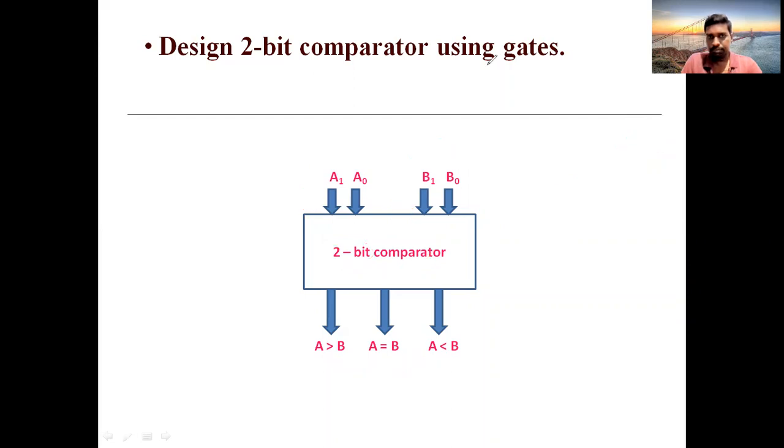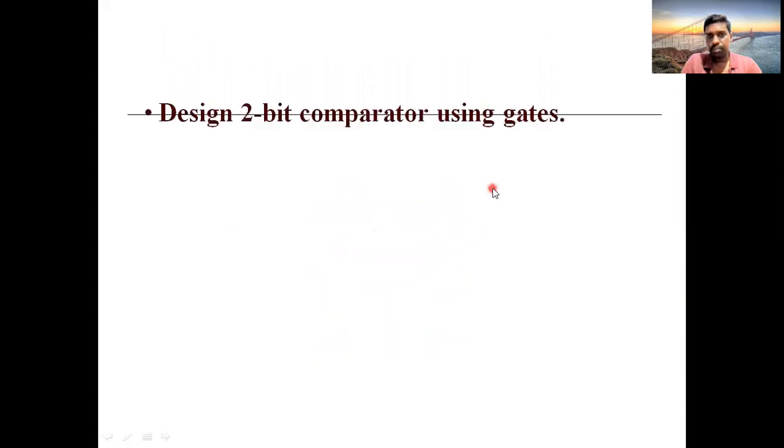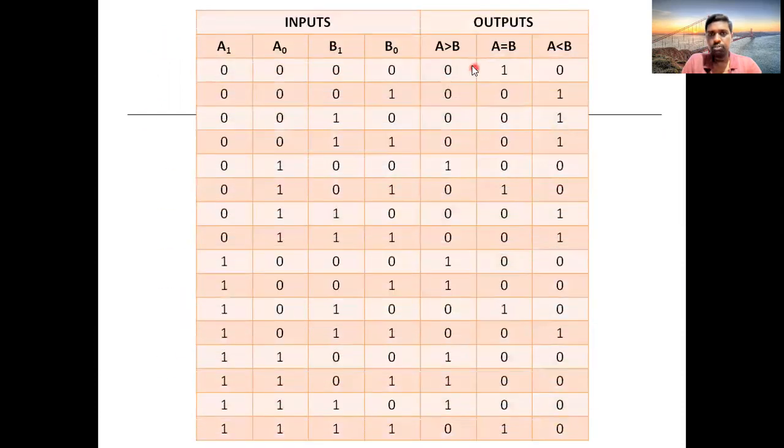Now, as you are having 4 inputs, you will have 16 combinations. You should prepare a truth table. So see this table clearly. You will have an input section and an output section. In the input section, you have A inputs like A0, A1 and B inputs like B0, B1.